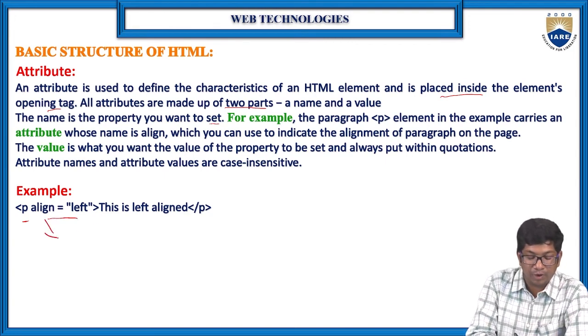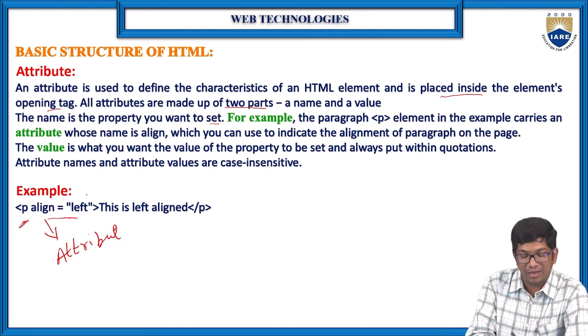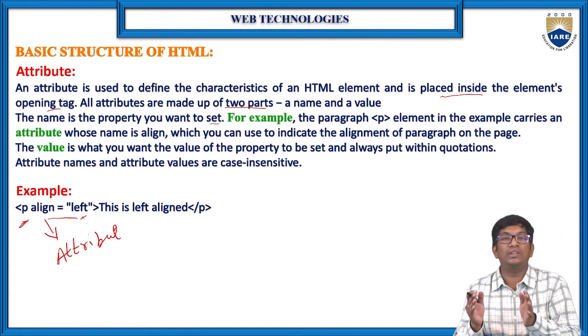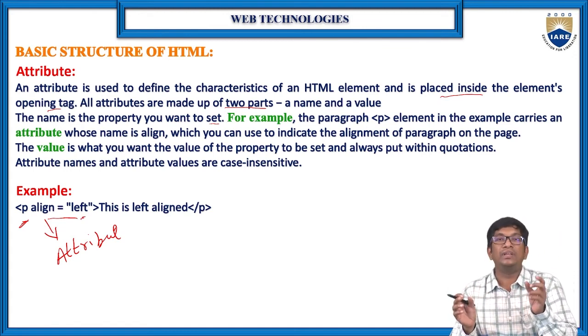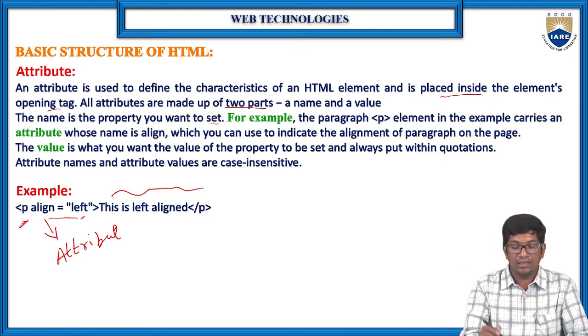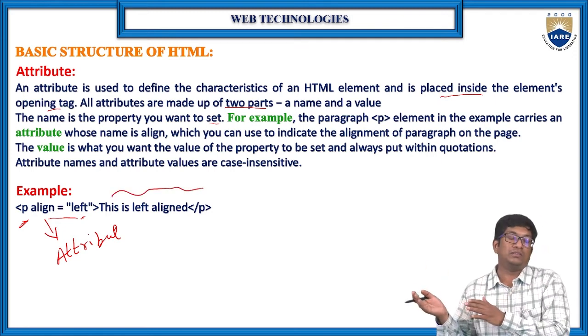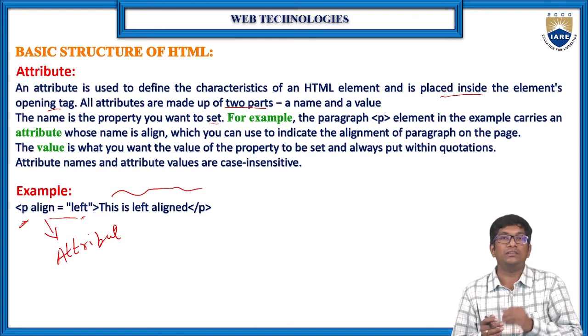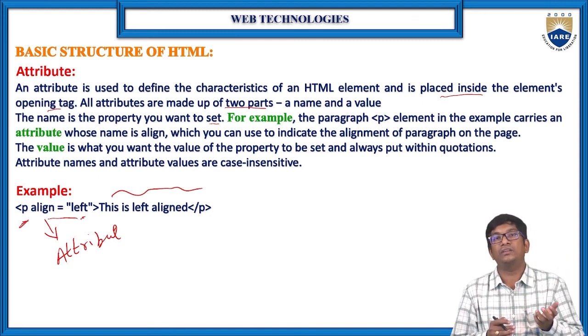Here align is the attribute or property of the P tag. What is the value here? Left. So the text in between the paragraph start tag and end tag is displayed in left alignment. Suppose you give align equal to right, that gives the right alignment, right?